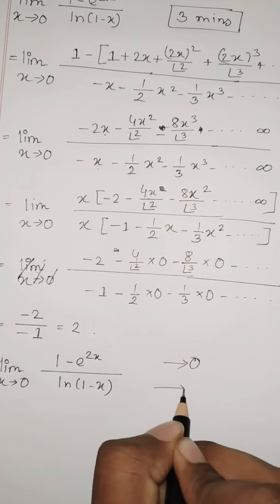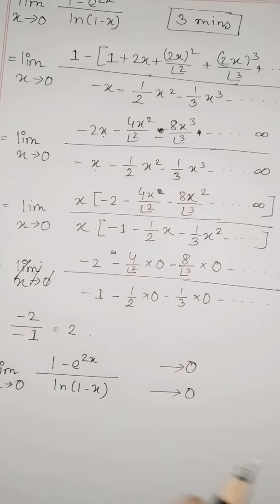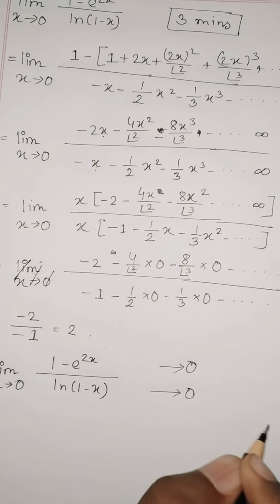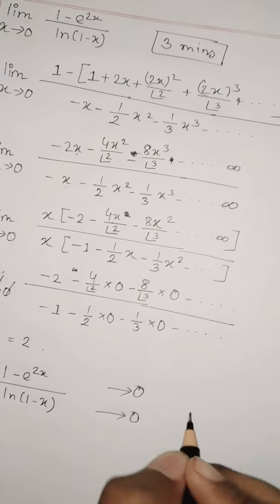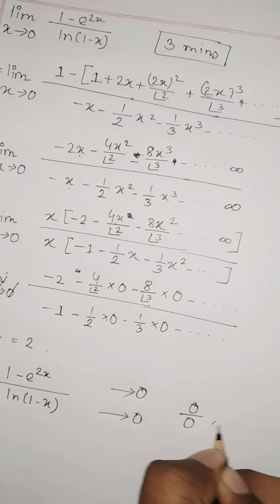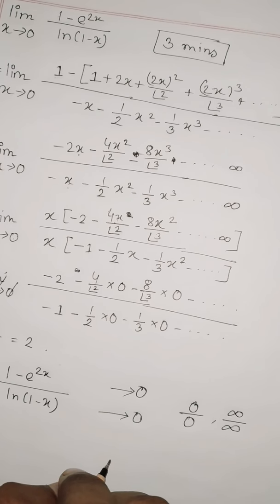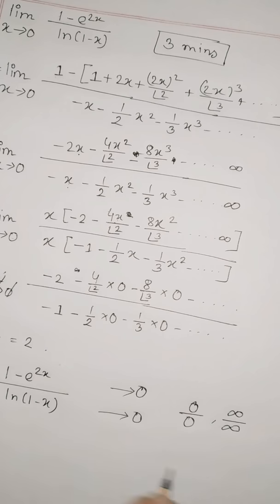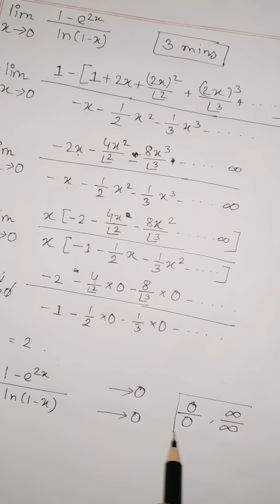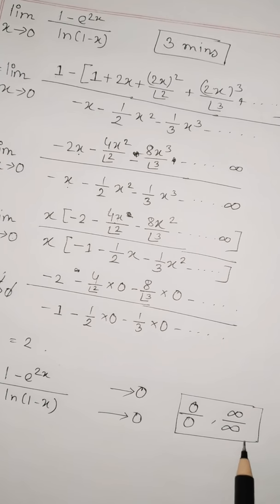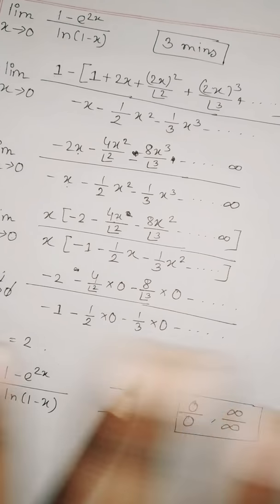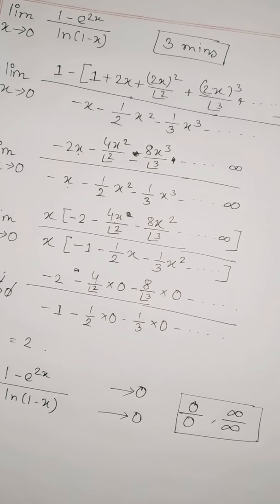In the lower part we are also getting 0. I'm again telling you to listen to this carefully: if we have 0 by 0 or infinity by infinity form, then we can use L'Hospital's rule. Just remember these two conditions. If we don't have them, then we cannot use L'Hospital's rule.